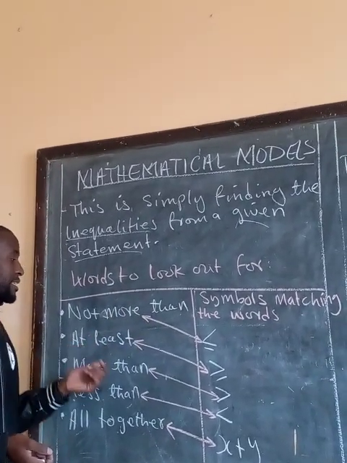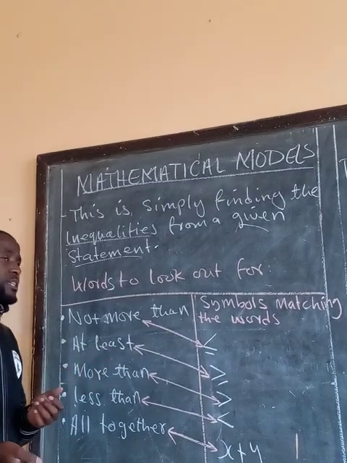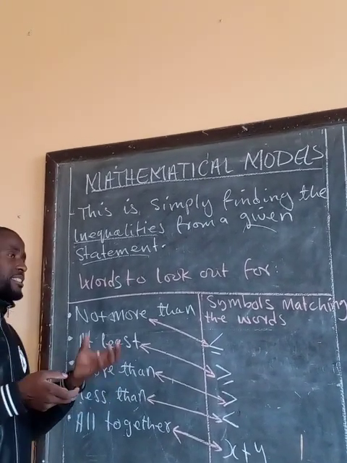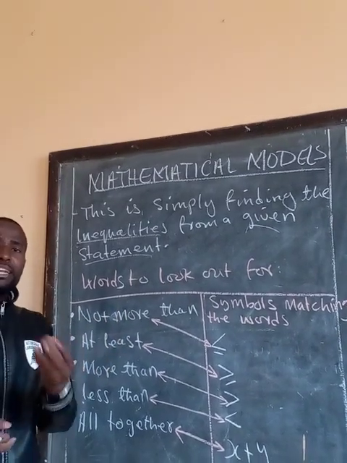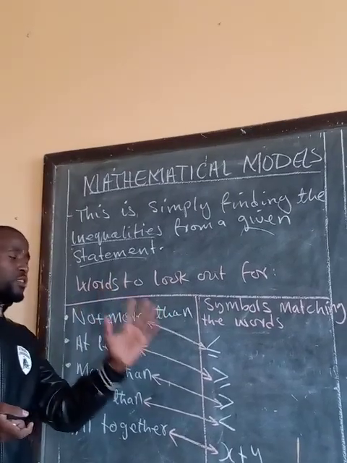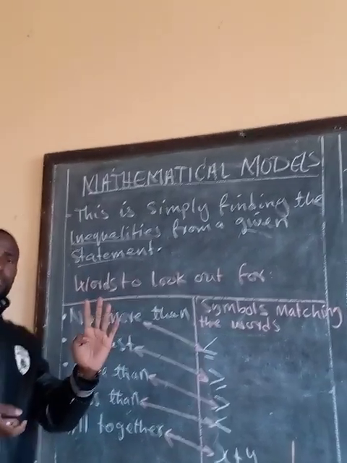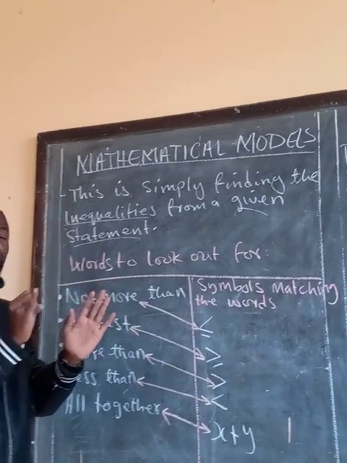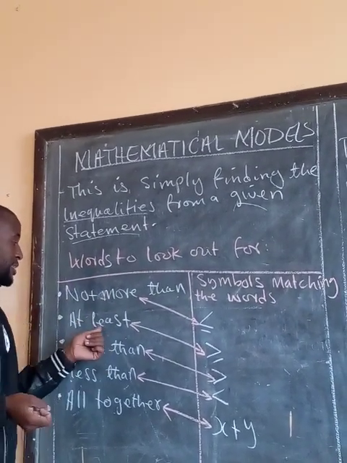Now, what does at least mean? If I say here is 5 kwacha, go buy me at least 6 sweets, it simply means you are going to get not less than 6 sweets, but more than 6 sweets or equal to 6 sweets. That's what this symbol means.